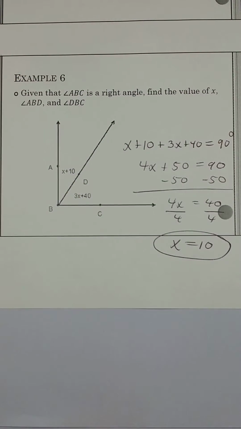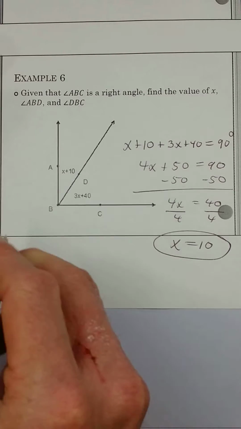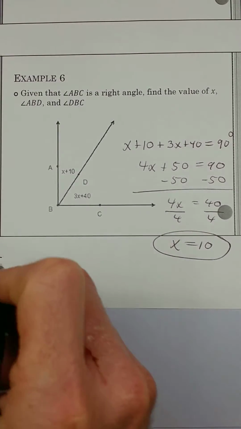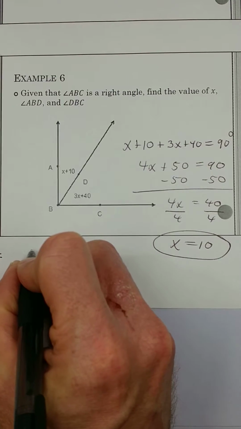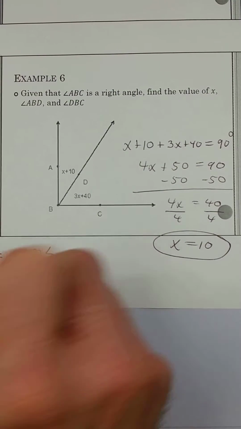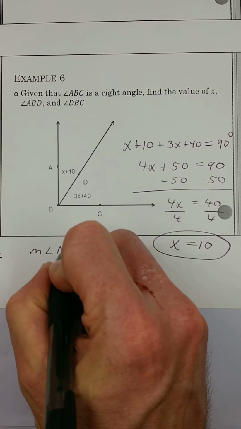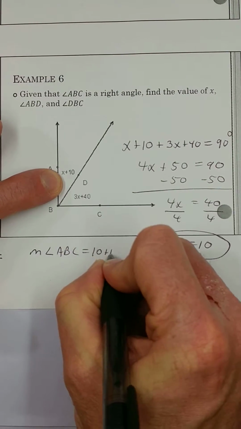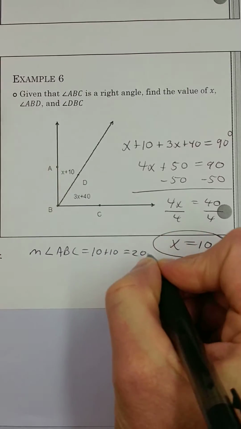And then my two missing angles, now that I know X is 10, would be angle measure. Make sure I'm on the page. Measure of ABD would be 10 plus 10 is 20.